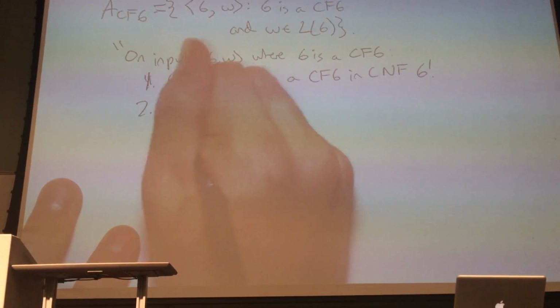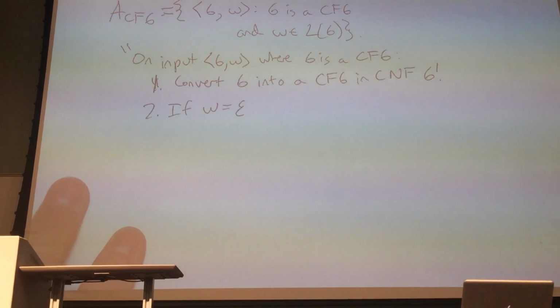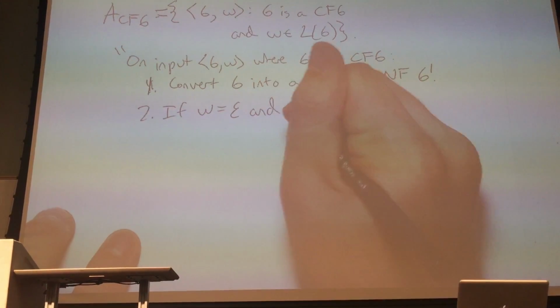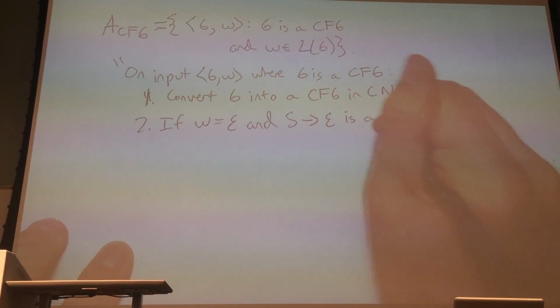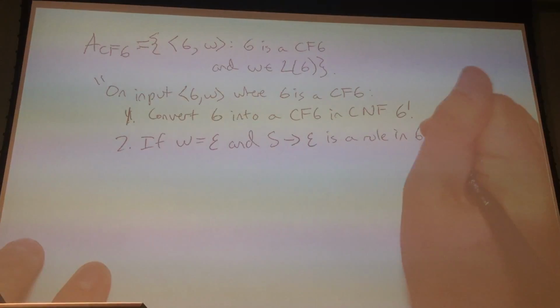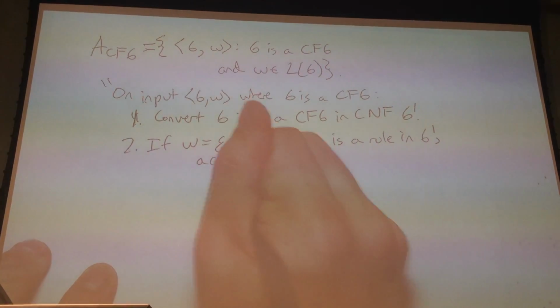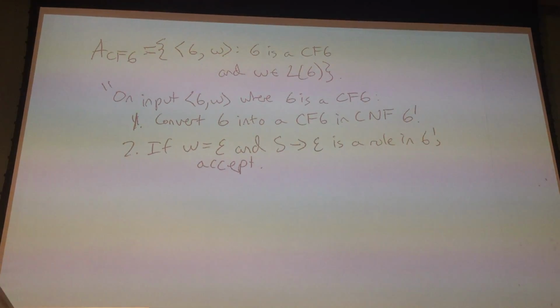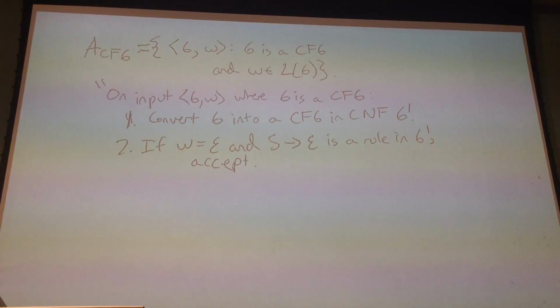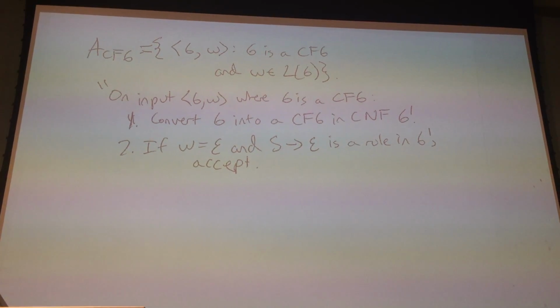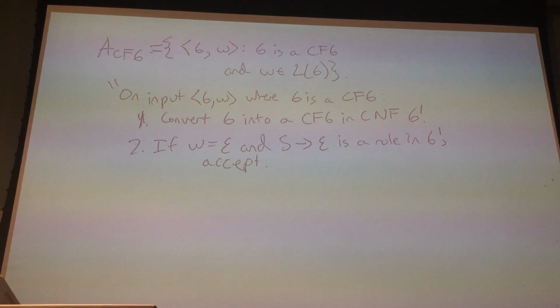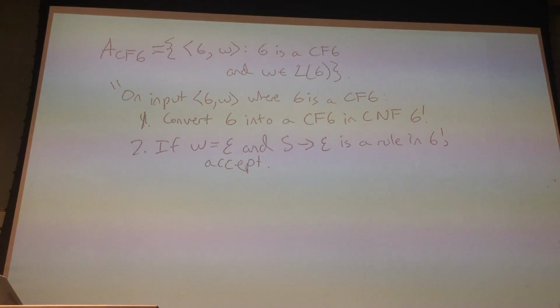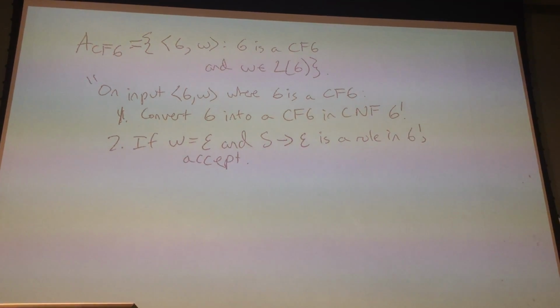So let's do that. If W is in fact the empty string, and S derives empty string is a rule in G prime, accept. But what if S goes to empty is not a rule, but W is empty? We should reject because there's no other way to generate the empty string.